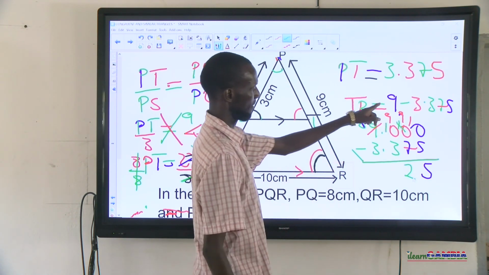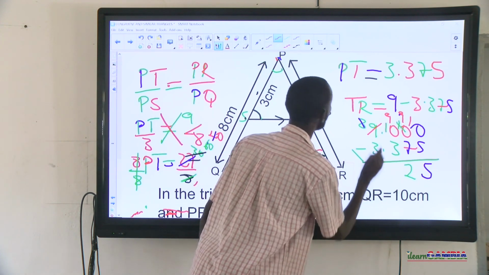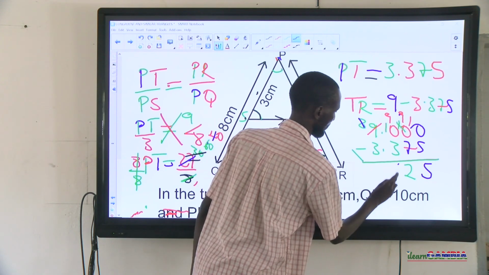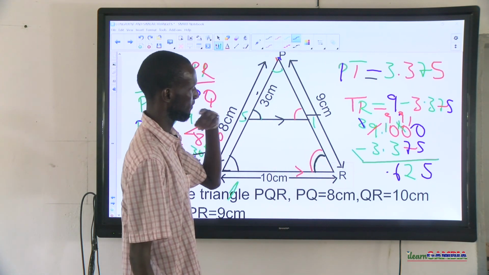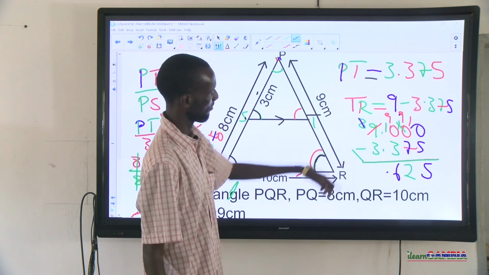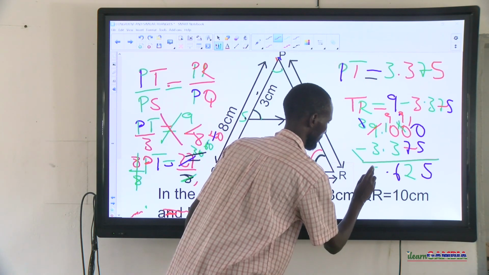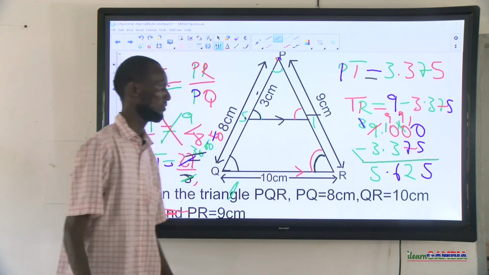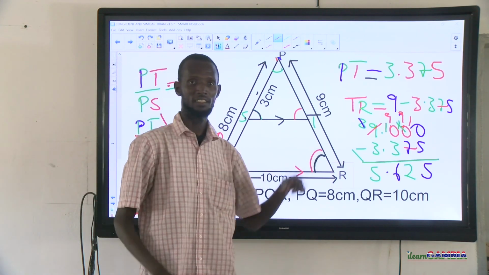And then 9 minus 3 also should give us 6. And then bring down our point. And then we have here 8 minus 3, and that gives us 5. So you get 5.625, and that is the length of TR.